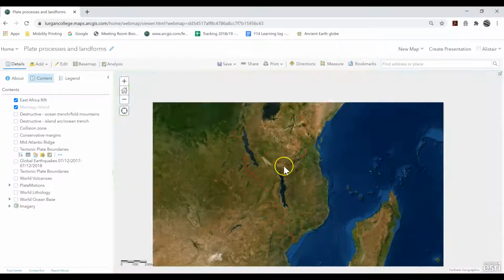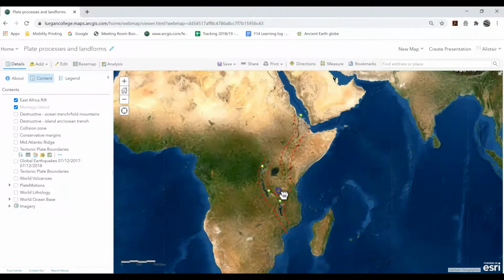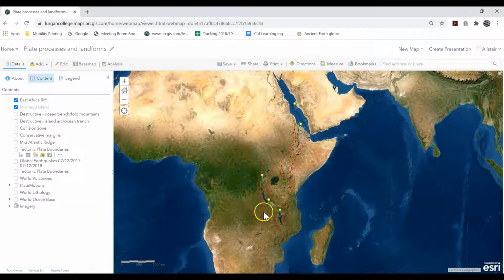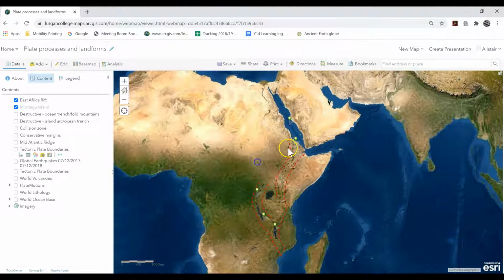Well, what geologists believe is happening here is that there is tectonic activity happening in the east part of Africa, and it's been happening up here and has begun to open up the Red Sea here. And there's some evidence here that there's similar kind of volcanic activity happening along the East African Rift Valley.